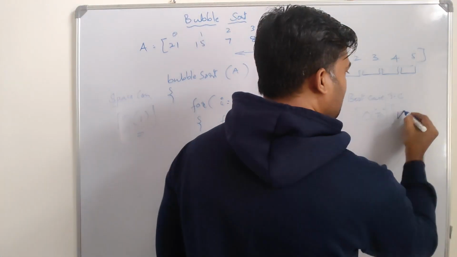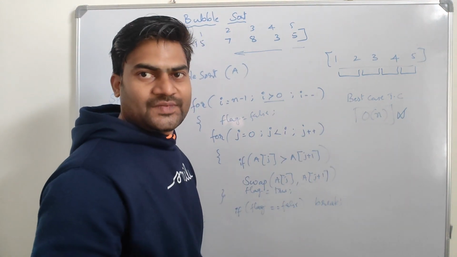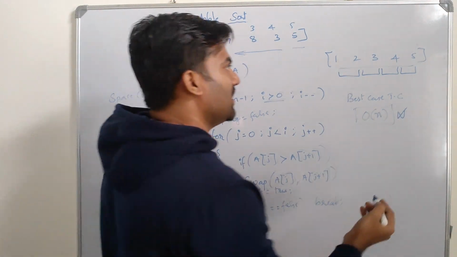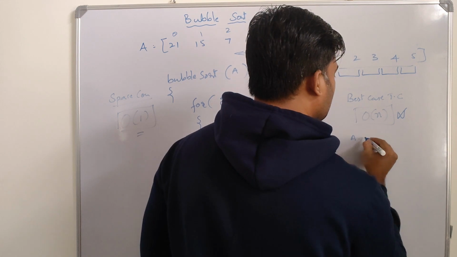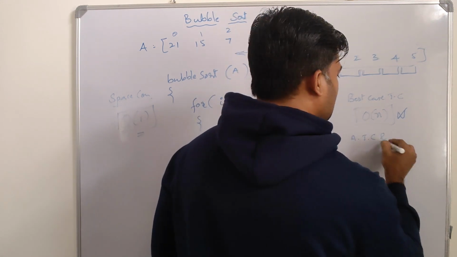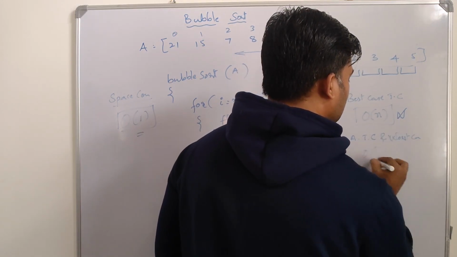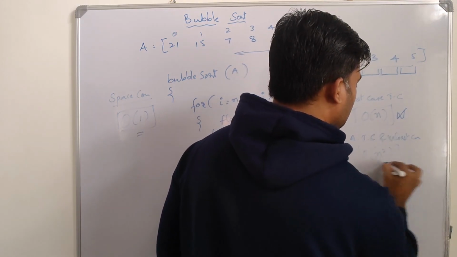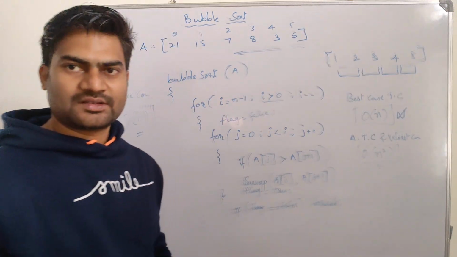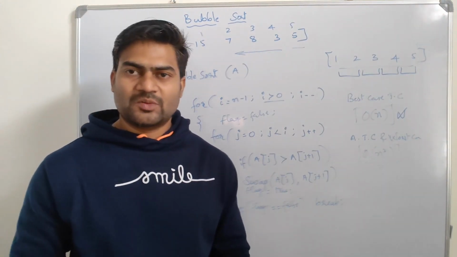So that's why the best case time complexity is of order n, and average and worst case time complexity is of order n square. So that is all about the pseudo code for this bubble sort.